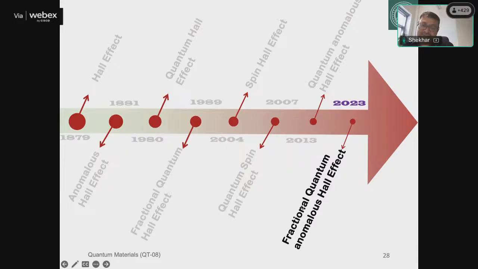Here, where the anomalous Hall is quantized we have the quantum anomalous Hall, and we have the fractional quantum Hall. But for spin Hall we have only the quantum spin Hall. We don't have the fractional quantum spin Hall. So we can expect some phenomena in some material where we can see a fractional quantum spin Hall effect.